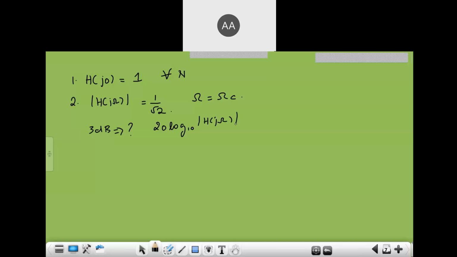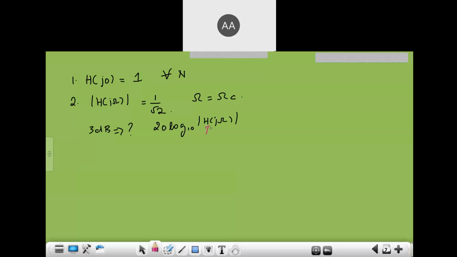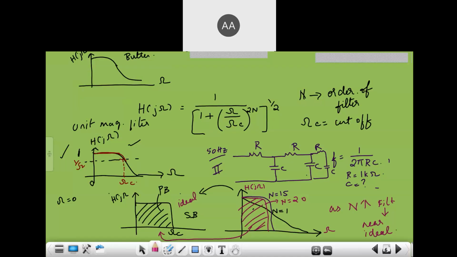If you substitute 1 by root 2 here, the answer you get will be minus 3.01 dB. You can try and see. So what it means is, you have this in dB scale.